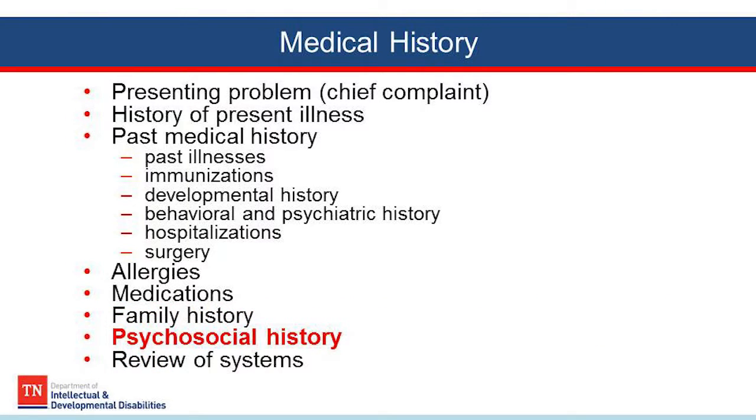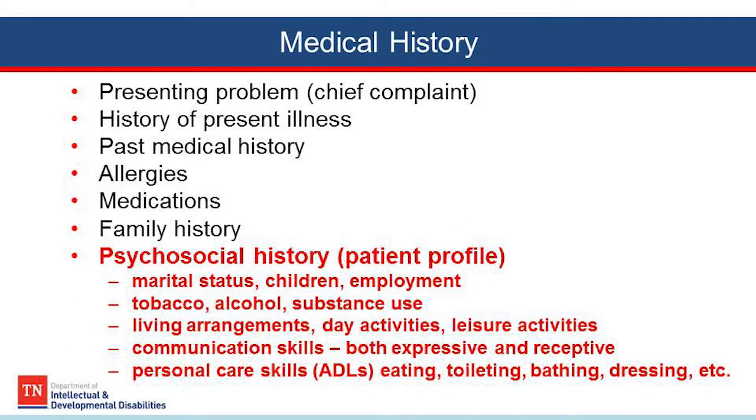Psychosocial history in the general population usually involves, do you smoke? What about employment? What about substance use? We need to expand that, and providers may not even know they need to expand that to get a more complete picture of the person with disabilities. The psychosocial history is sometimes called the patient profile, and again, I've listed a number of things here.